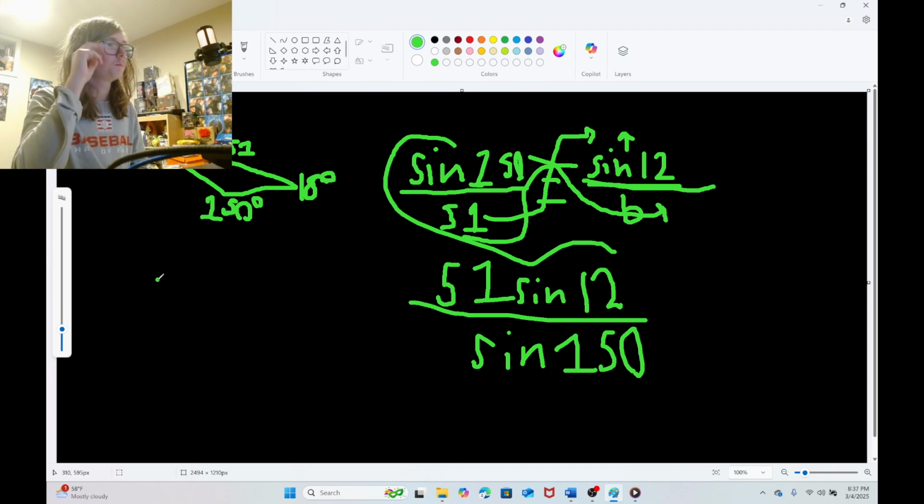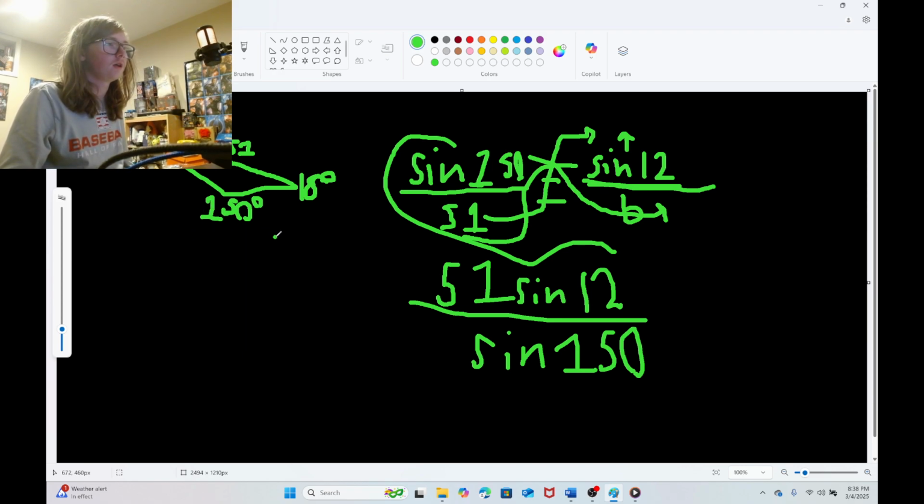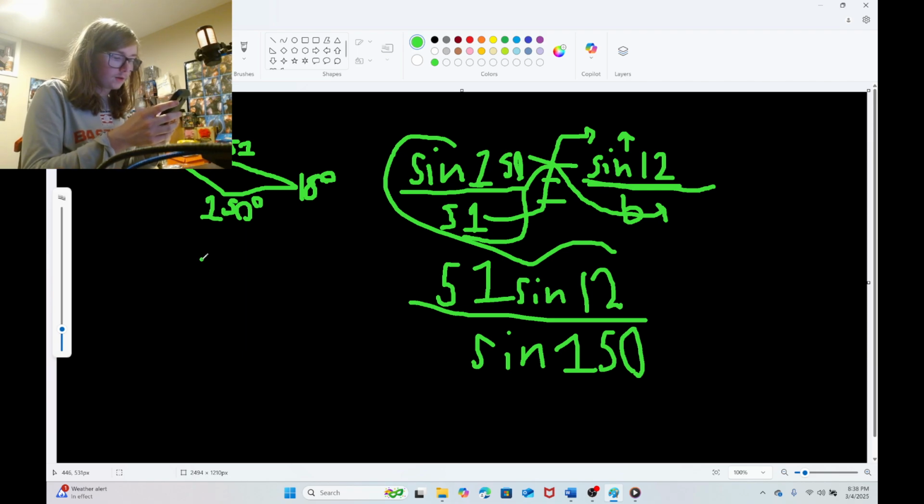Now we can take our sine of 150 divided by 51 and go to the sine of 18 divided by A, which means we have 51 sine 18 divided by the sine of 150.